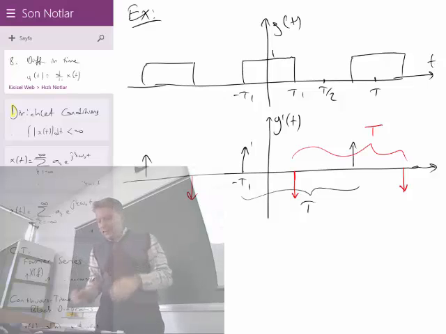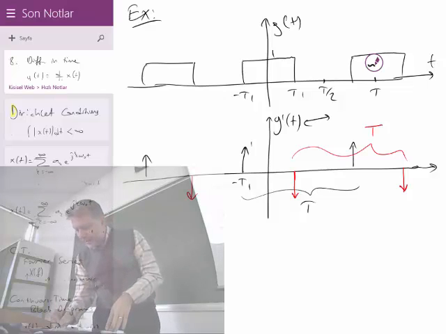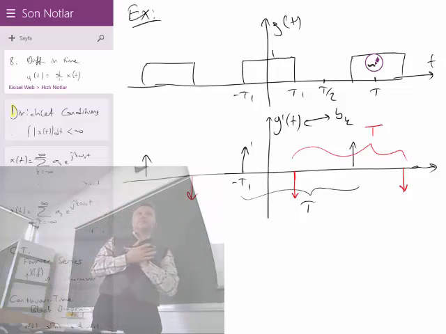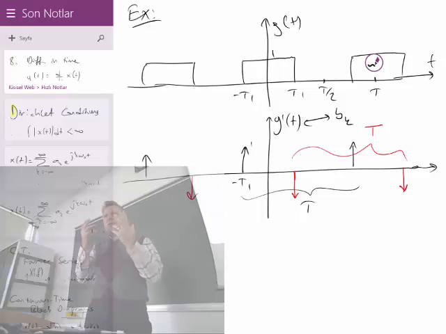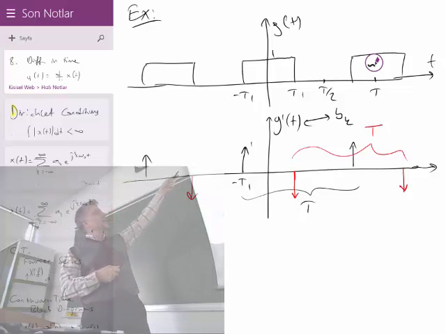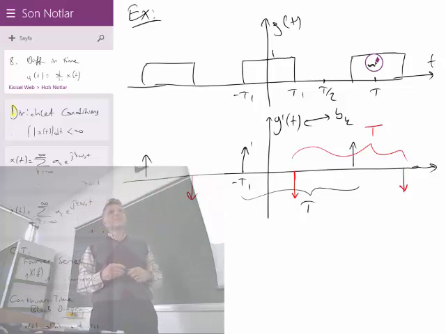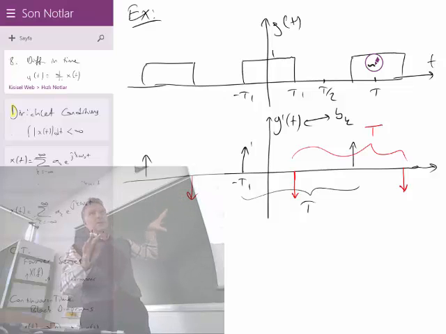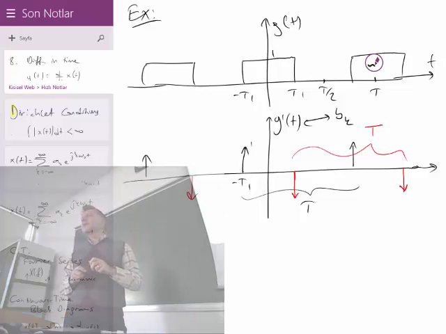And you come up with the Fourier series coefficients of g prime of t, and let's call it b_k. It's complicated. It's not very difficult, but it requires some algebraic effort to derive that. Once you find the b_k's, then what is the next step to find the Fourier series coefficients of the top one? The top one would correspond to the integral of the bottom shape, because the bottom is the derivative. So you have to multiply it by 1 over jk omega 0.